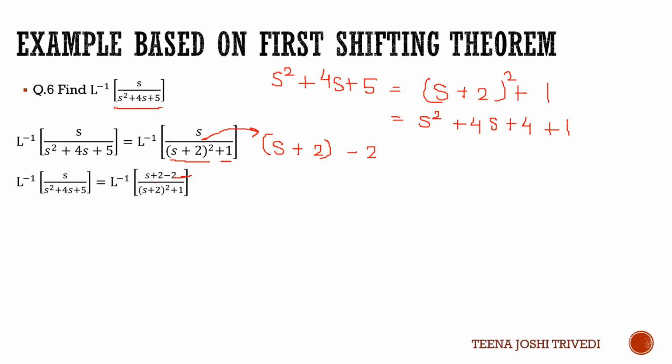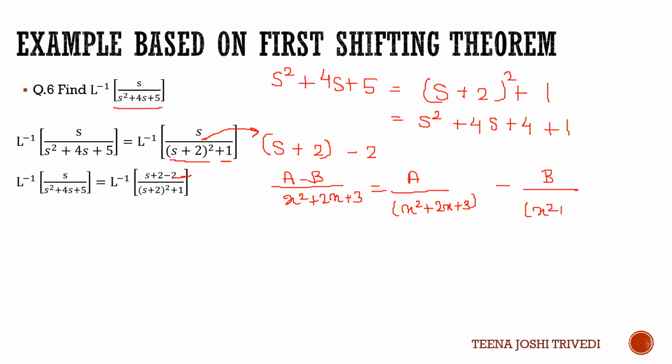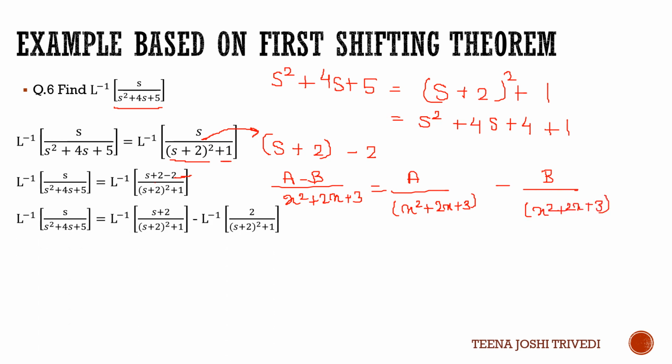Now we separate this term, as if there is a minus b upon some variable like x square plus 2x plus 3, we can separate a upon this term minus b upon this term. Can we do that? By this formula we can separate this term, s plus 2 and minus 2.